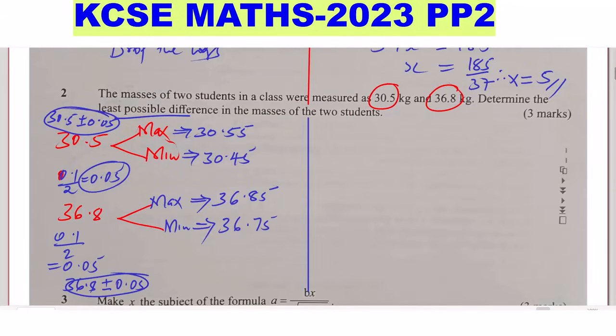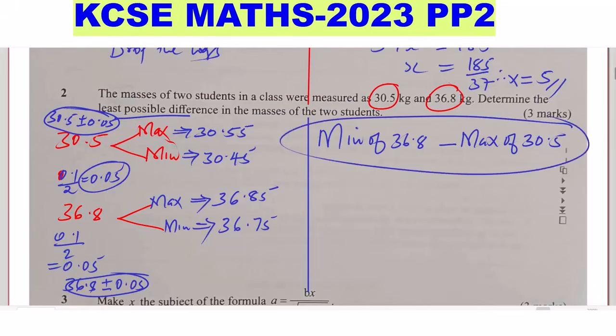Now having that, to get the least possible difference, in other terms the smallest possible difference using the 2, this one will be given by the minimum, because you start with the largest value, which is the 36.8. So it will be the minimum of 36.8 subtract the maximum of 30.5. This is what is going to give the least or the smallest possible difference in the masses of the two.